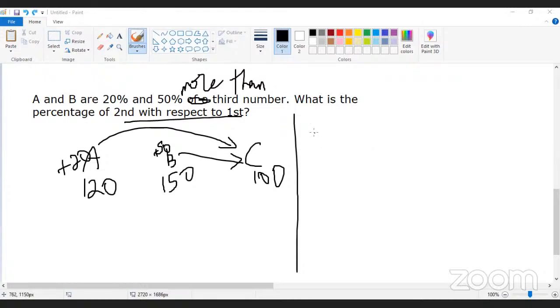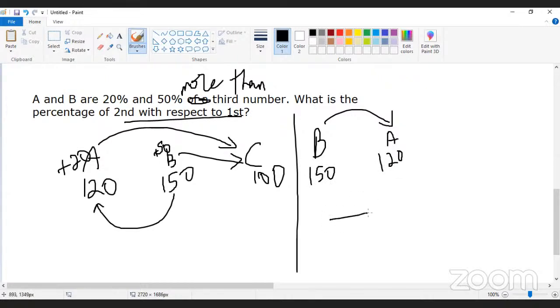Comparing second number, 150, to the first one. Okay, second number to the first number, so that is B to A. B is 150 and this is 120. Comparing B to A, what is the percentage? Difference between them is 30. So it will be 1/4, 25% more.